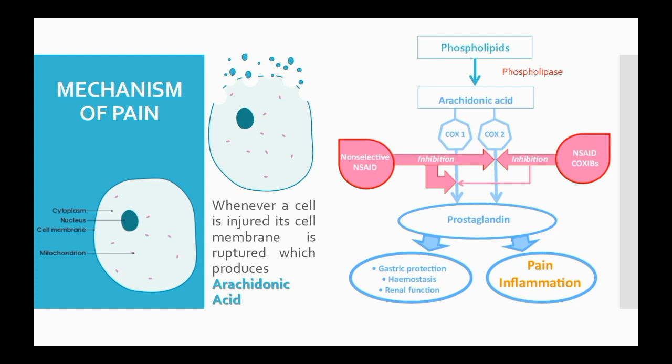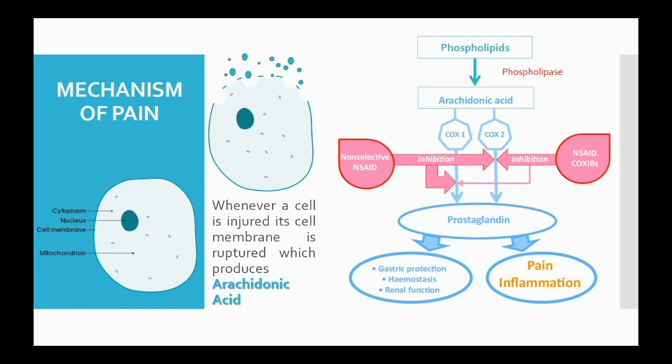What happens then? After the arachidonic acid is produced, there are two enzymes which can act upon arachidonic acid and produce respective chemicals. When cyclooxygenase 1 acts upon arachidonic acid, it produces those prostaglandins which are helpful for the body and produces gastric protection enzymes, helps in homeostasis and helps maintain renal function.